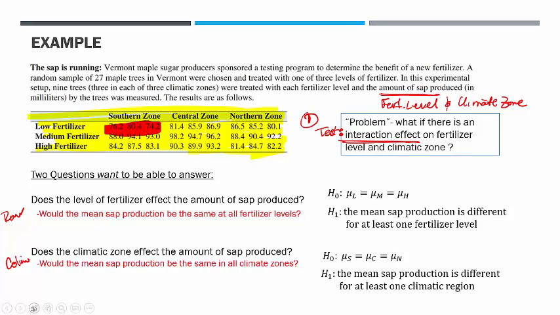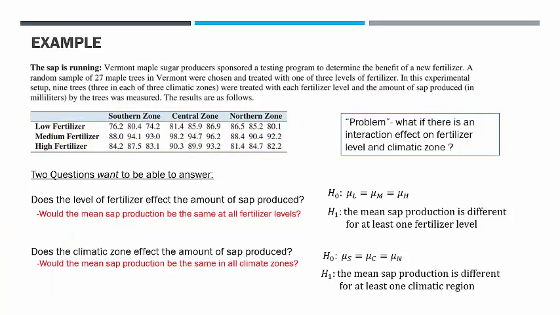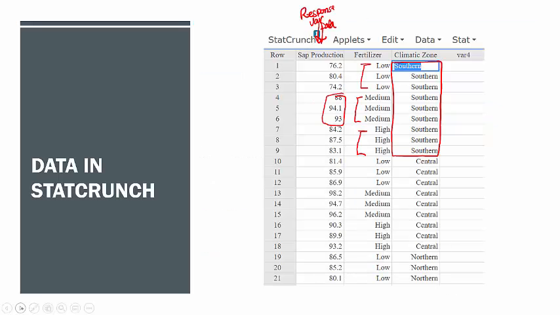Southern medium, 88, 94.1, and 93. Okay, so just check your data. So that's the southern, and then notice we have the central. There should be 9 rows for central, 3 low, 3 medium, 3 high. You can do this in any order that you want in terms of the order of the columns, but just make sure that everything's labeled correctly.